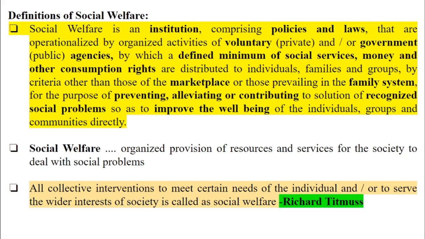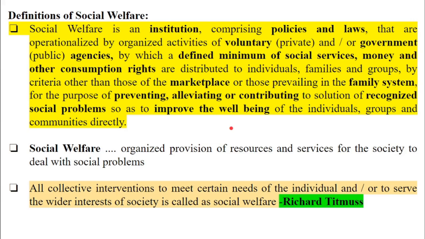Okay, definition of social welfare. So what is social welfare? Social welfare is an institution comprising policies and laws that are operationalized by organized activities of voluntary, that is private, and or government, that is public agencies, by which a defined minimum of social services, money and other consumption rights are distributed to individuals, families and or groups, by criteria other than those of the marketplace or those prevailing in the family system, for the purpose of preventing, alleviating and contributing to the solution of a recognized social problem, so as to improve the well-being of individuals, groups and communities directly.